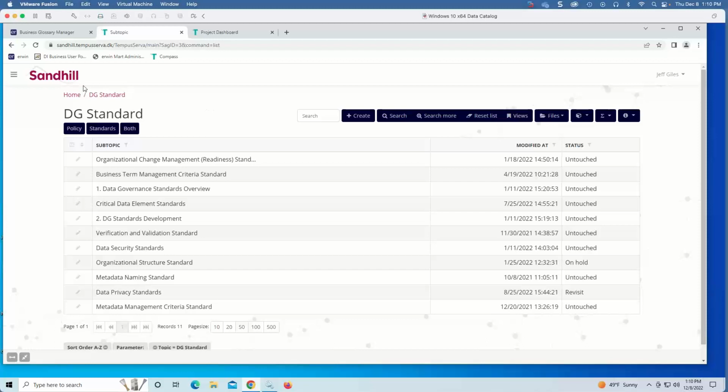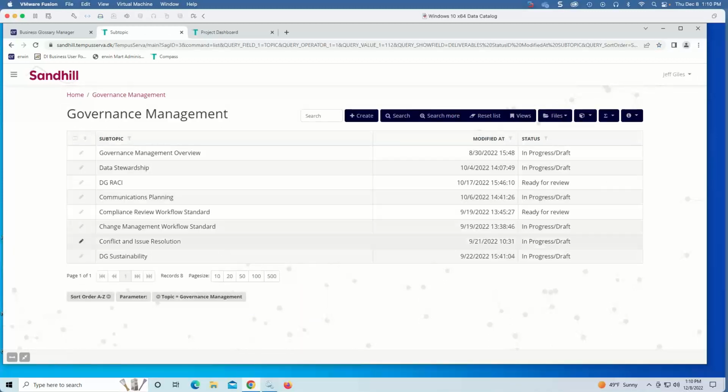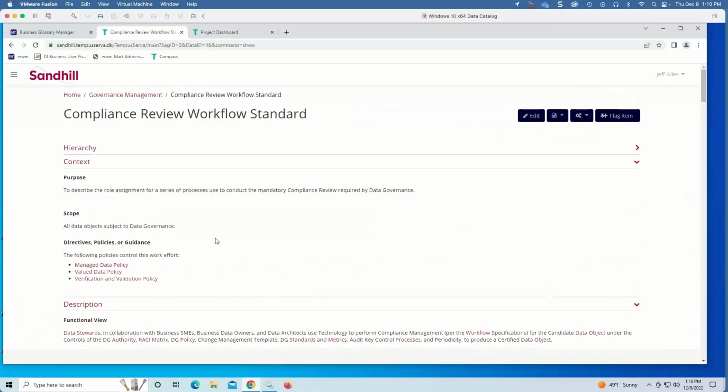In addition to that, there's information here around setting up your data governance structure. Governance management talks about this idea of stewardship. Another one of the tenets of data governance is having an organization where you have people who are actually going to do the work of stewarding data, as well as reviewing the data. So you should have some understanding of how you want to handle a workflow when you're reviewing things.